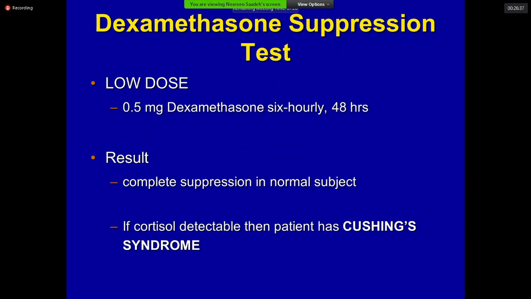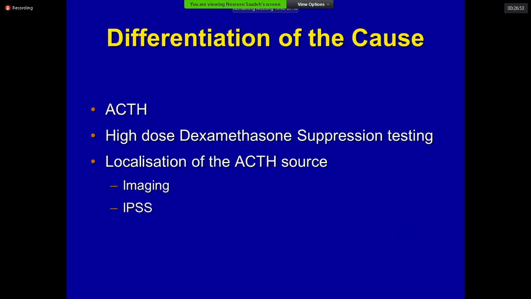There are other ways to do the dexamethasone suppression test, which is a little bit more prolonged over 48 hours, but the same result we look for, which is suppression. And if the cortisol is not suppressed, then we label somebody as having Cushing. And when we need to differentiate the cause to know if it's coming from the adrenals or the pituitary, we simply do the ACTH level.